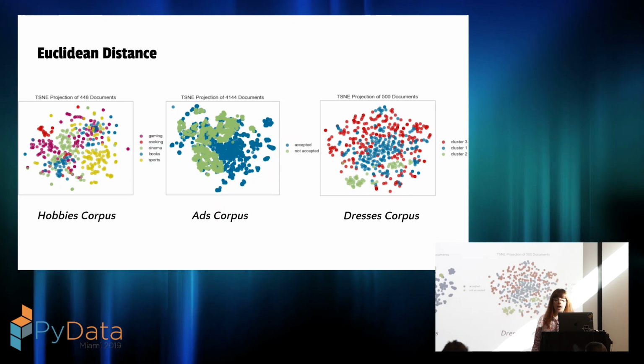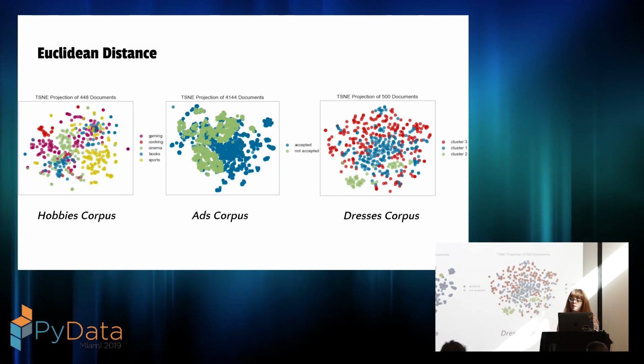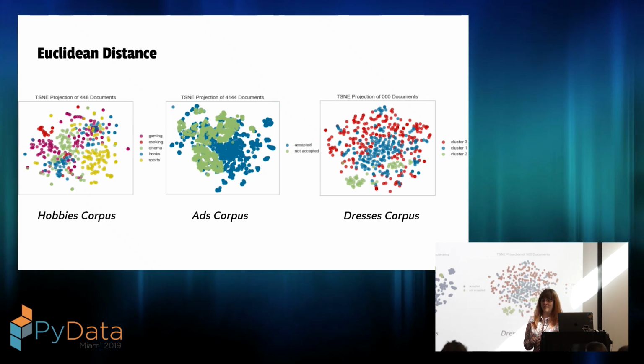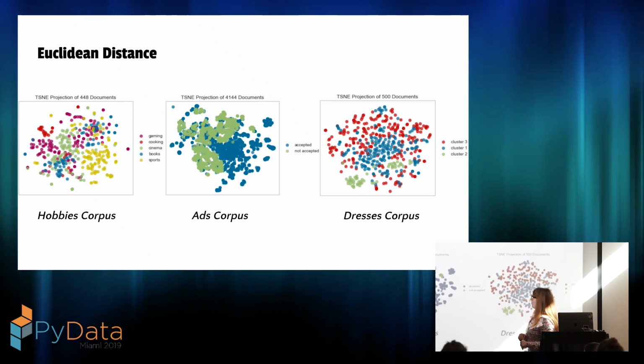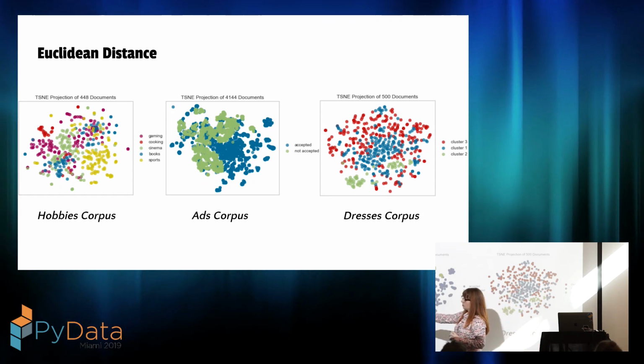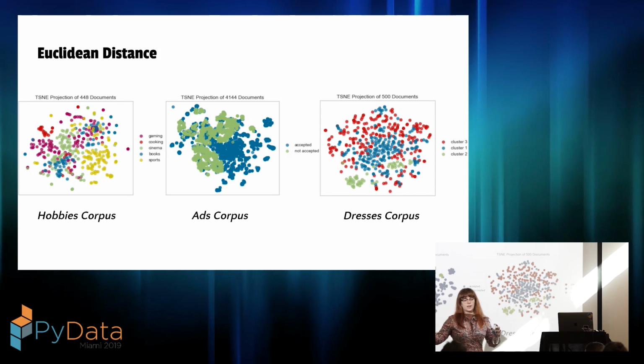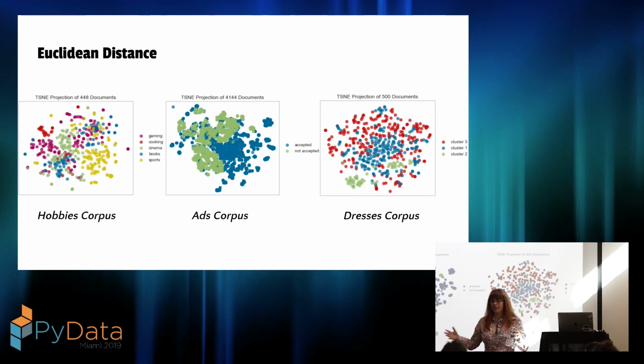And then what we get is, I think, extremely different results for the three different corpora. So the hobbies corpus, which again is a corpus of documents about sports and politics and stuff like that.